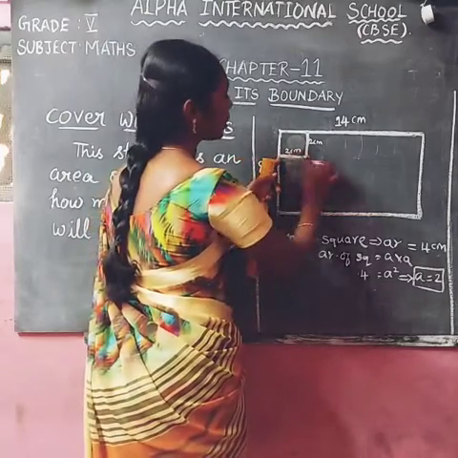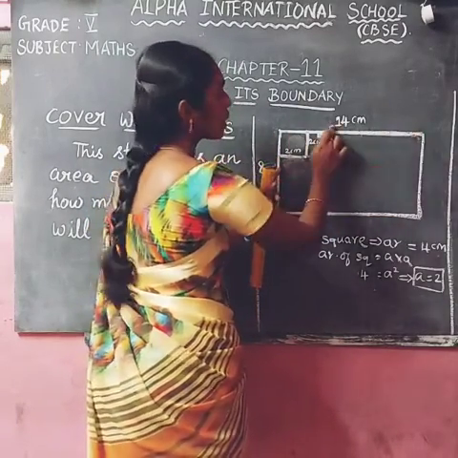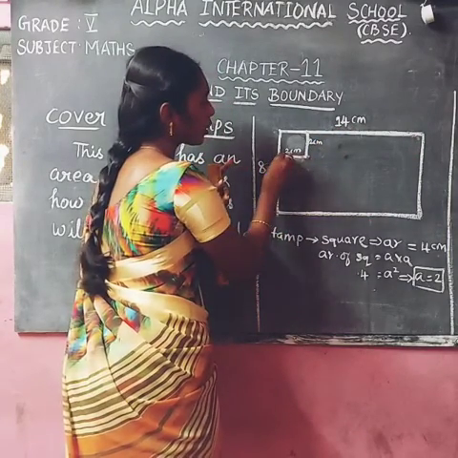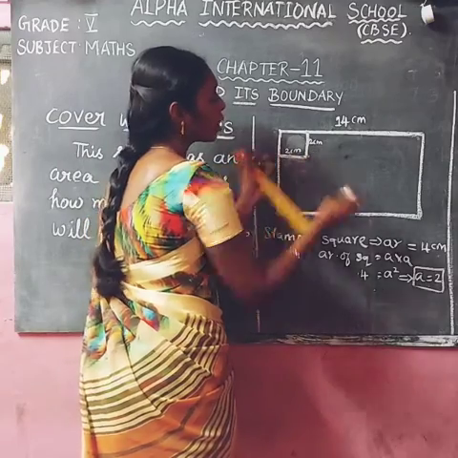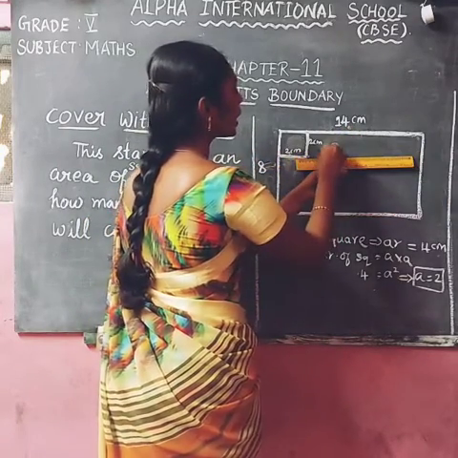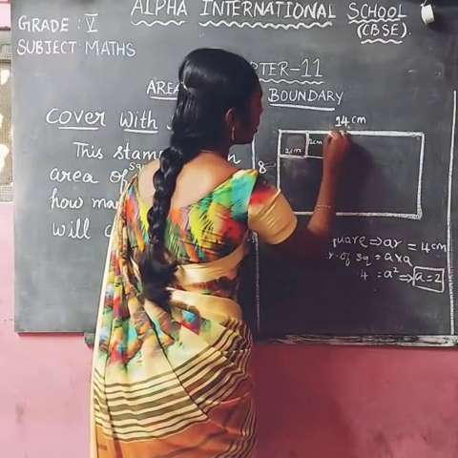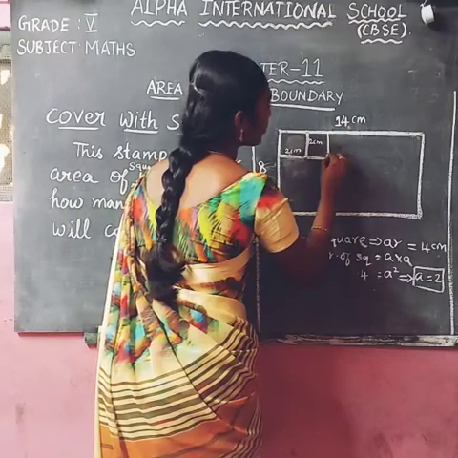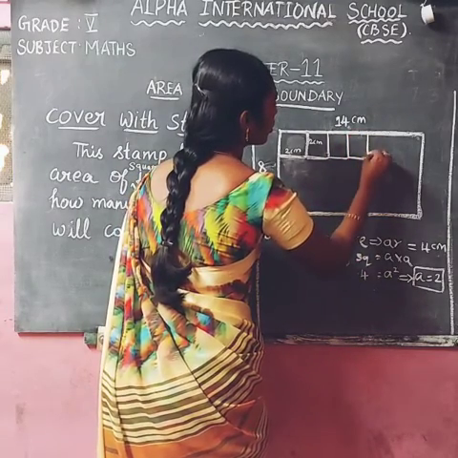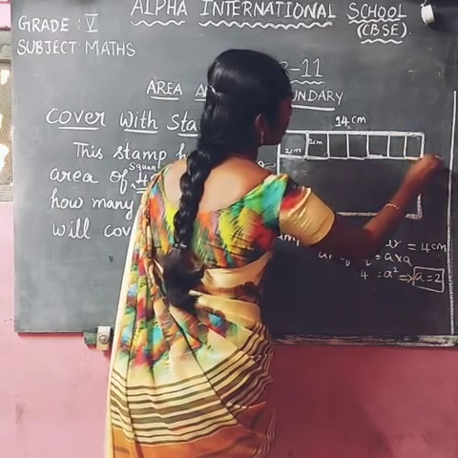To count the number of stamps here, we take the length. What is the length here? 14 centimeter. Each unit is 2 centimeter. So up to 14 centimeter, we divide. Keep your scale and give 2 units for each. How many will I get? 1, 2, 3, 4, 5, 6 and 7.